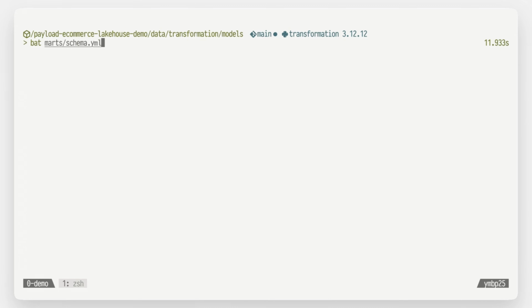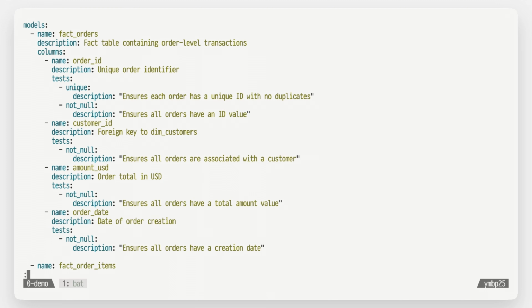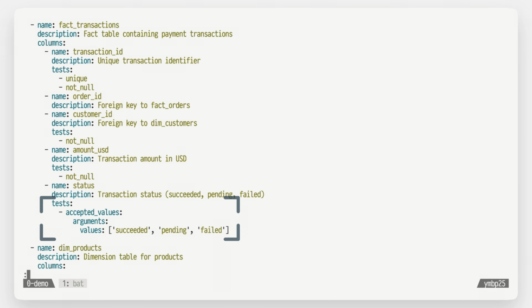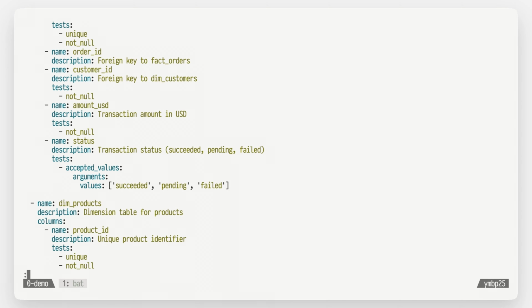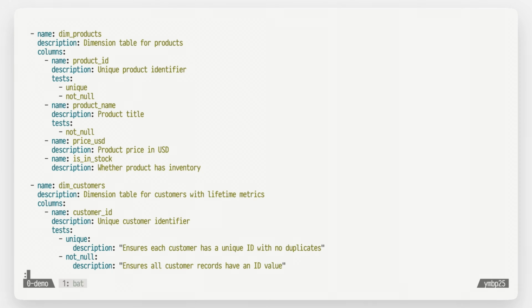Finally, let me show you the tests and documentation in schema.yaml. This file defines tests and documentation for our models. For fact_orders, we test that order_id is unique and not null. We also test that status only contains expected values: succeeded, pending, or failed. dbt provides 4 built-in tests: unique, not null, relationships, and accepted values.